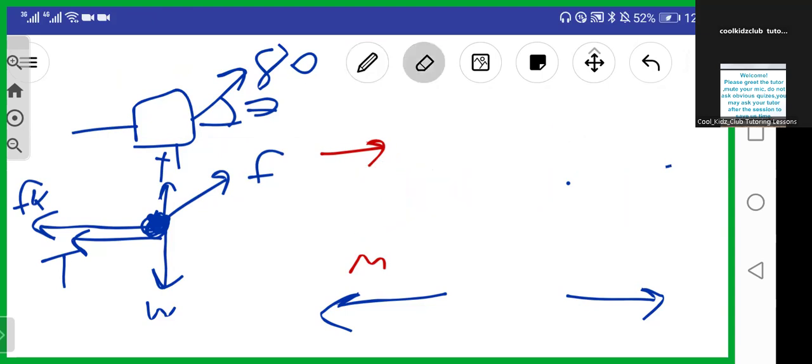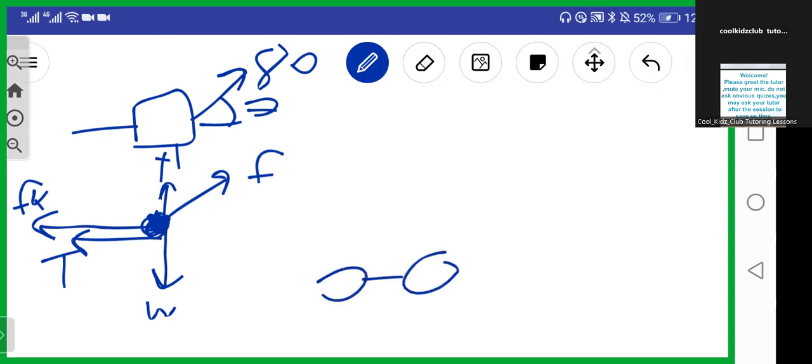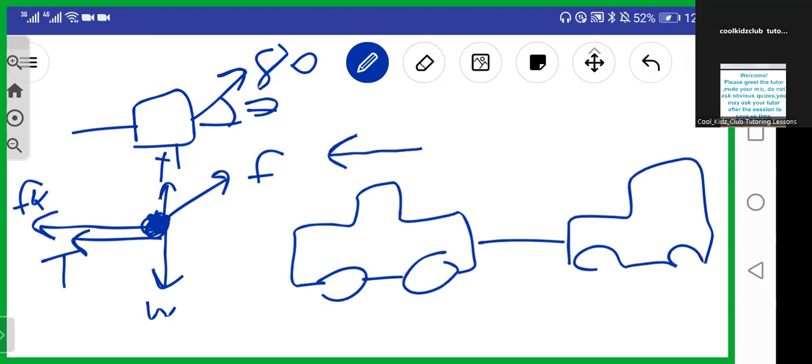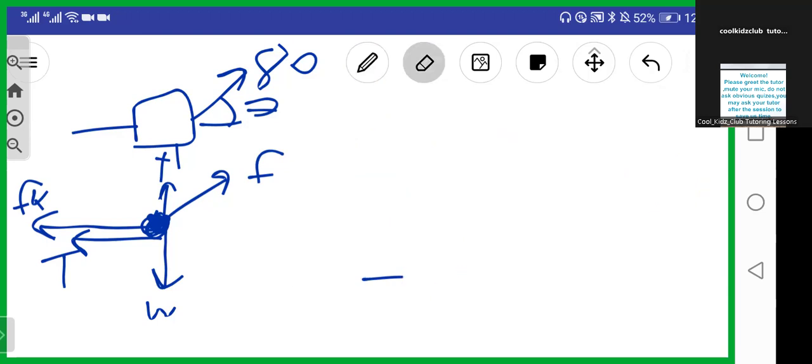So every time you see a rope, they may bring some vehicles, some cars, you know that, okay, as long as another car is pulling another car, if the truck is going in that direction, then I know that the tension will act in the opposite direction to the direction of the force. However, on this one, the tension is the one pulling. I hope you get the part.